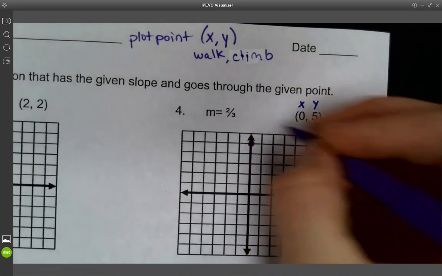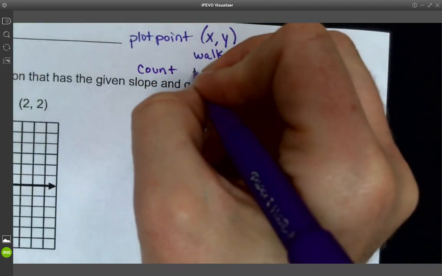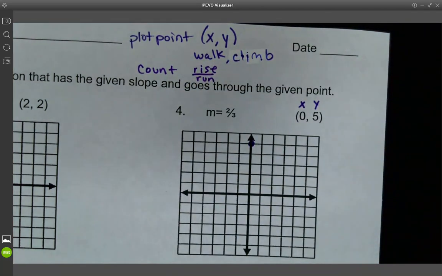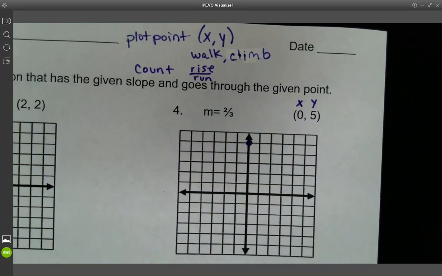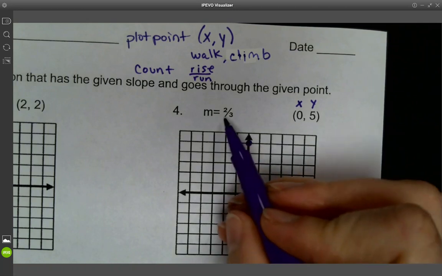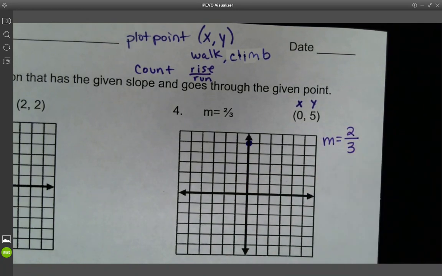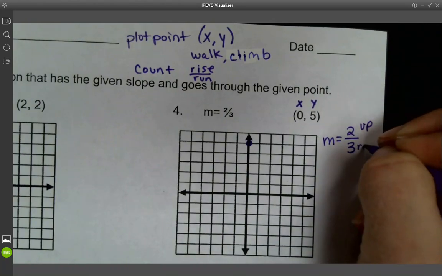And then your slope, you're going to count rise over run for another point. And you'll keep on counting more and more, rise over run, till you get as many points as you can to graph and make a line. So if my slope is 2 over 3, it's positive, so that means I'm going to go up 2, right 3.